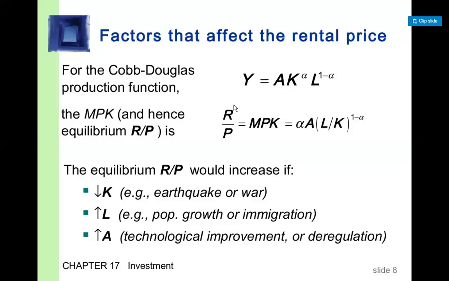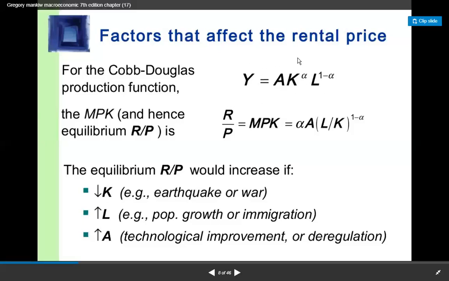And we will discuss in detail the MPK from the Cobb-Douglas production function. Then we will set it equal to real rent. Then we will discuss in detail. So if you have any problem, you can discuss. Now I'm going to stop the lecture.